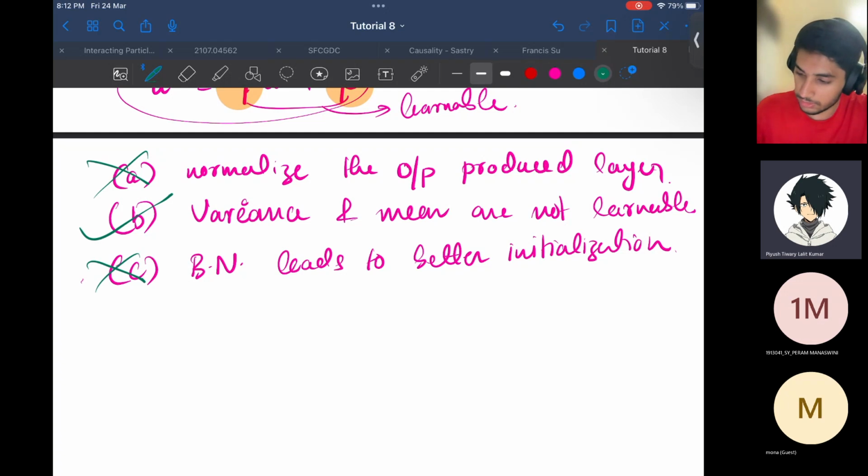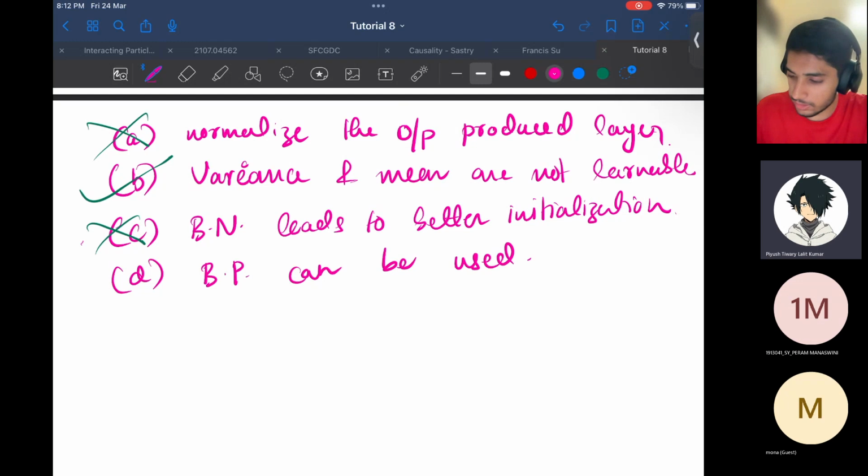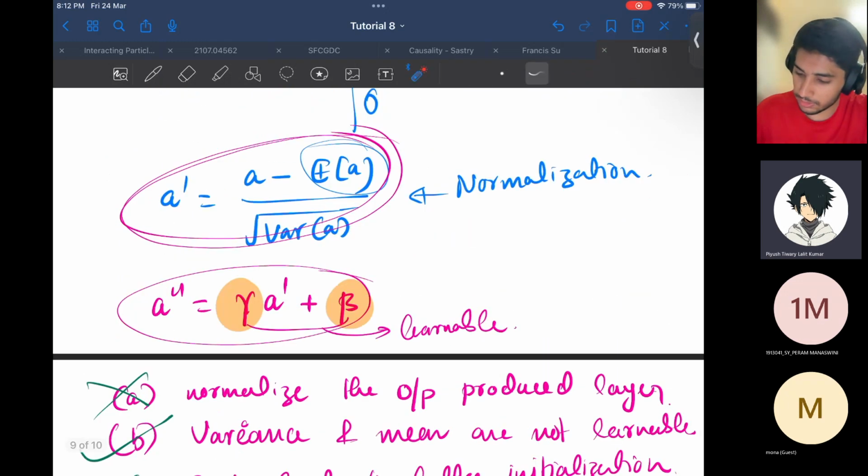Finally, coming to the D option: backpropagation can be used after batch normalization. Well, it can be used, right? Why? It's a simple operation.